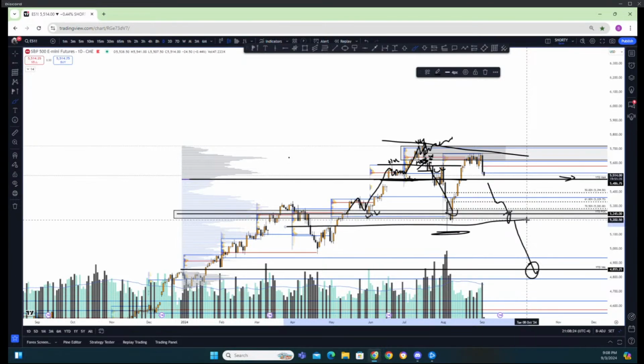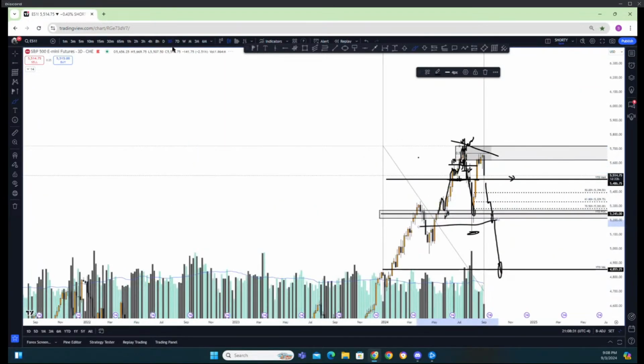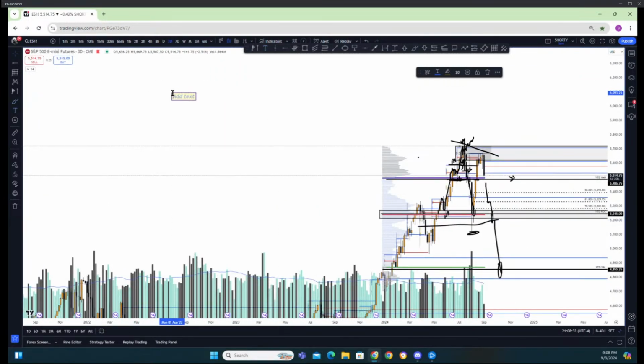What does that mean? It's a downtrend. You guys remember the definition of a downtrend? Lower highs, lower lows.